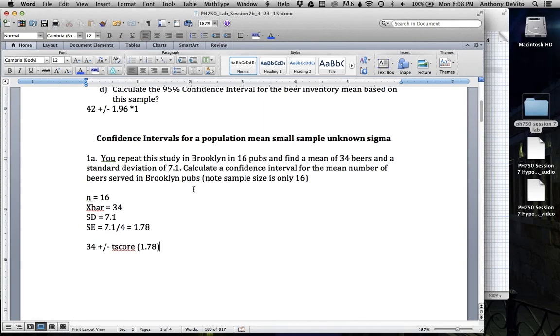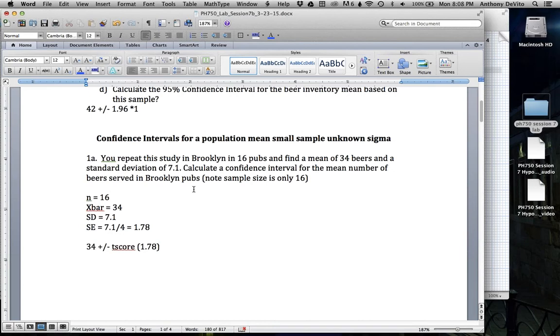Now we know this t-score is going to be based on the sample size, because the smaller the sample size is, the cutoff being 30. So this is only n equal to 16. The t-score is based partly on the sample size, because the smaller the sample size is, the less certain we are about the population standard deviation that we're estimating.